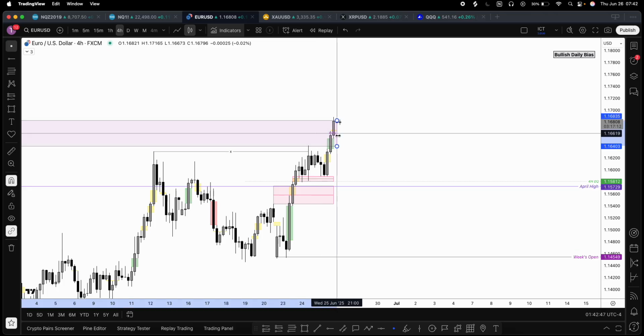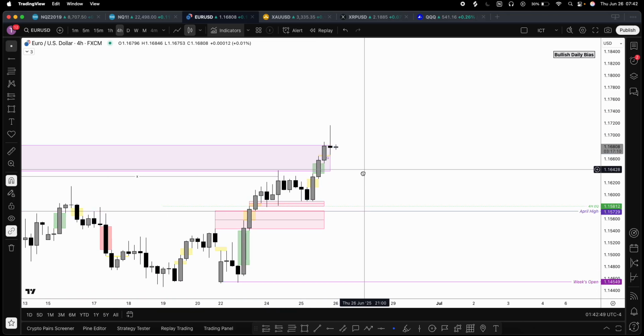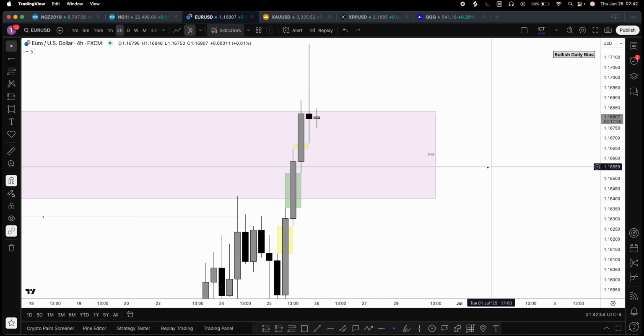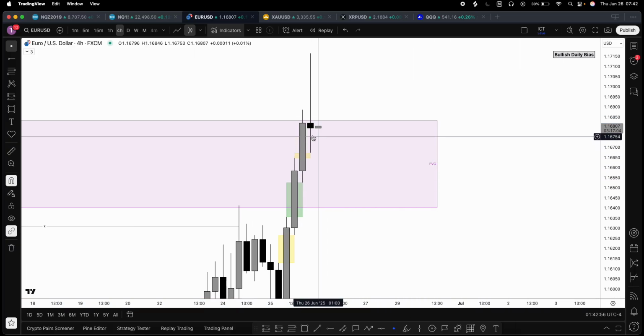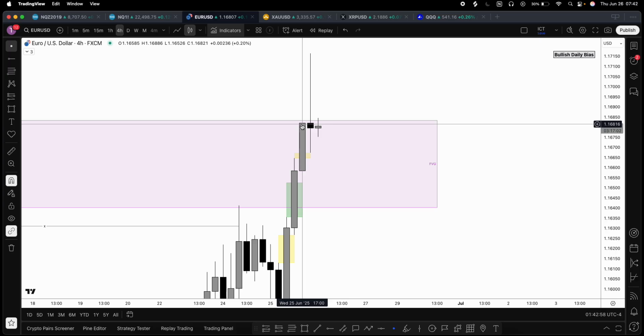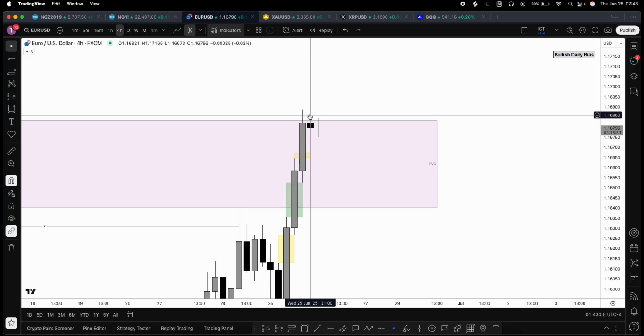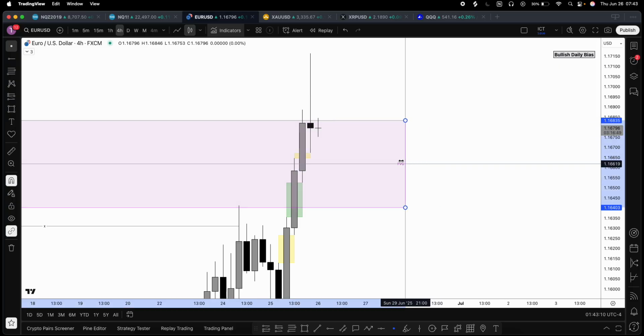Okay, so what's interesting here is on the 4-hour chart, we can see that the bodies of these 4-hour candles did not close above the high of this weekly fair value gap. So that's an indication that price is respecting this weekly fair value gap.